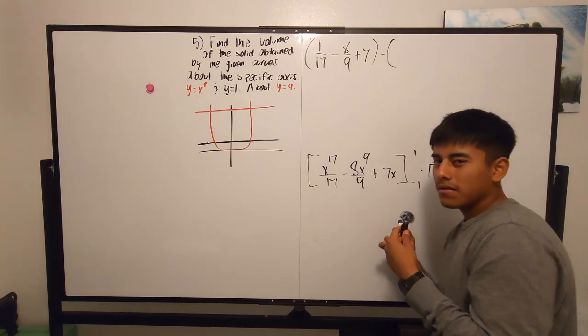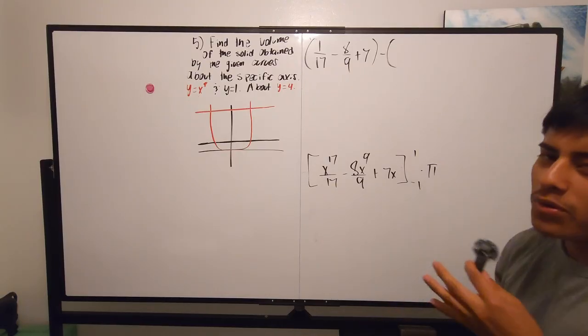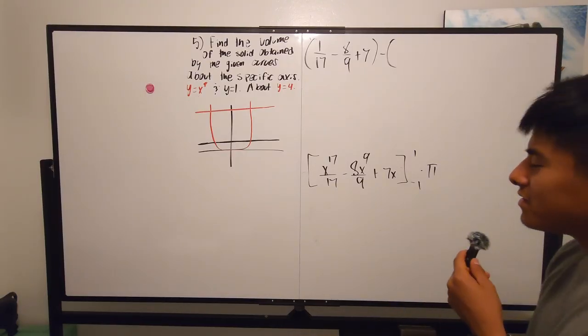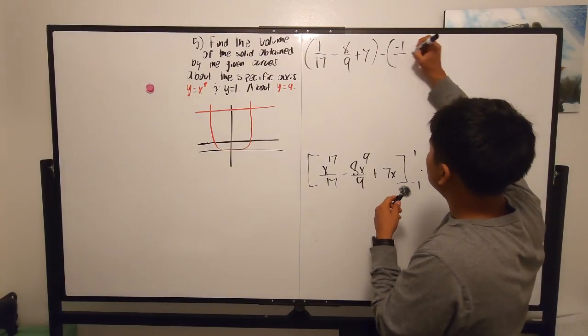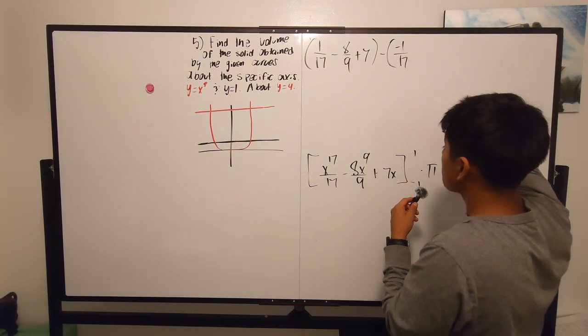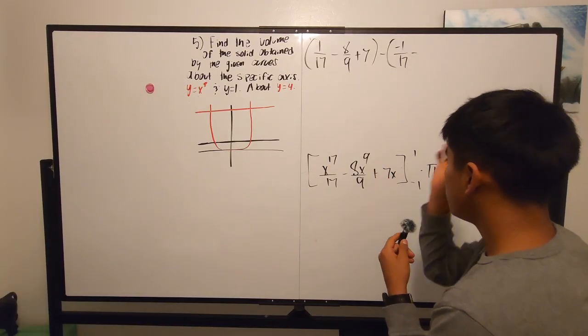I'm pretty sure you guys understand the things that I'm doing. So anyways, we have -1 over 17, and then minus -1 again raised to an odd number.